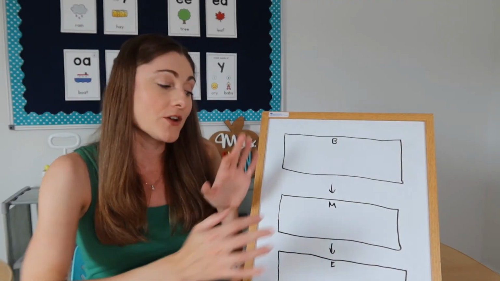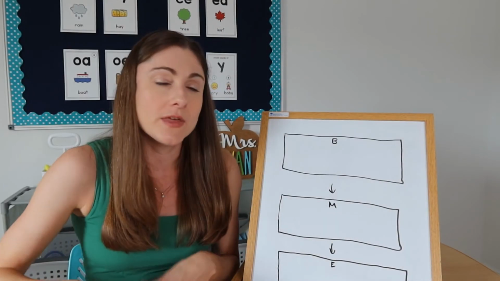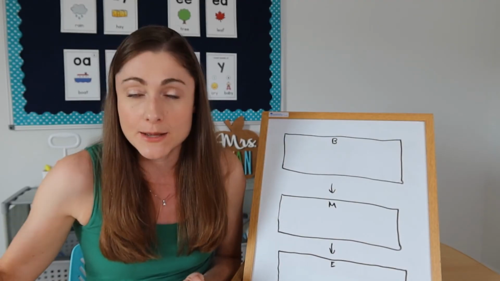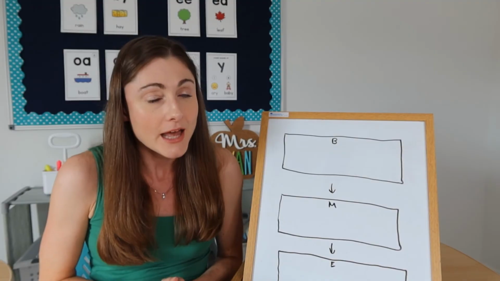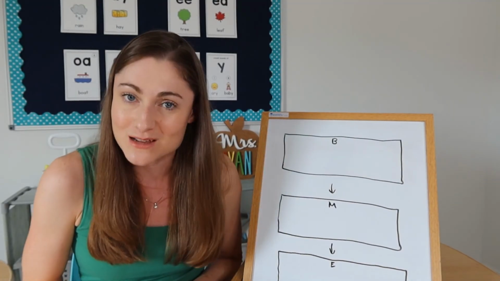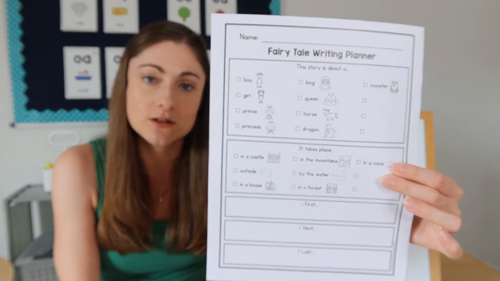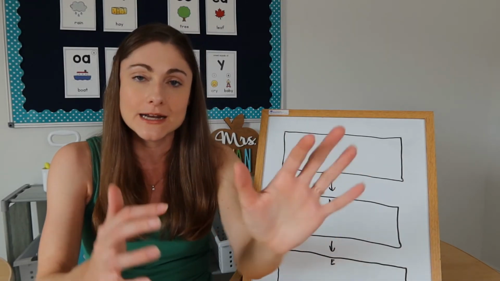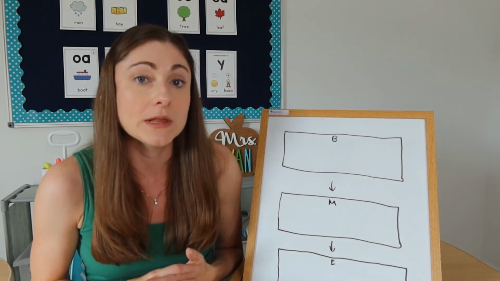So once they're at this point, every time they're going to start a new story, they go to that paper organizer, they take out one of these, and they just plan on their own. But again, especially in K-2, sometimes it takes us a little while to get there. So that's why I love these structured graphic organizers for getting them to the point where they truly can be more independent in planning their writing.